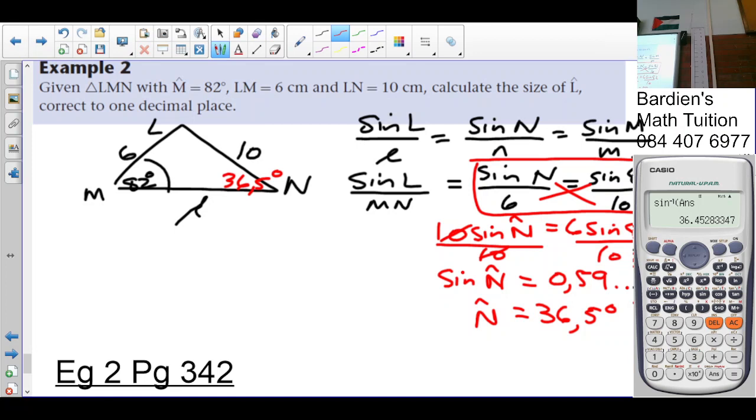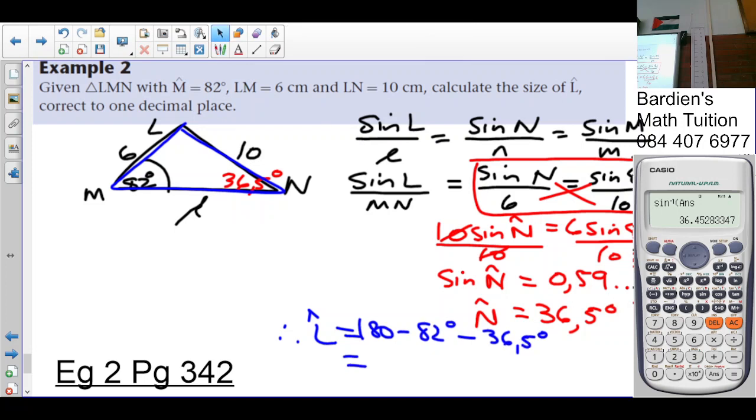So how are we going to calculate L? Therefore, angle L is going to give you the sum of angles in a triangle here. 180 minus 82 degrees minus 36.5. Gives you 61.5.